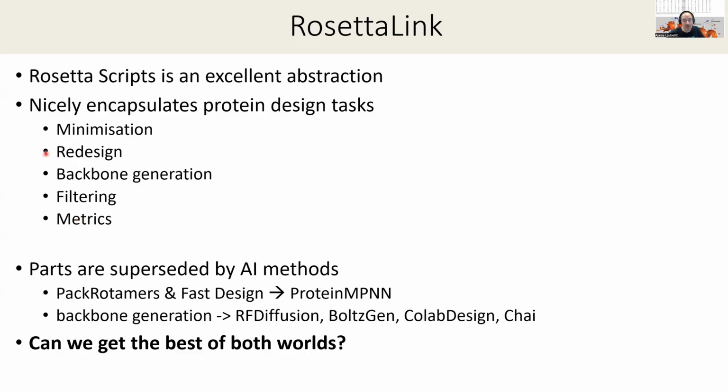And once you get to know RosettaScripts, it's really an amazing abstraction. It works really, really well. It might have a little bit of a learning curve, but it solves all the problems if you want to change your workflow, right?